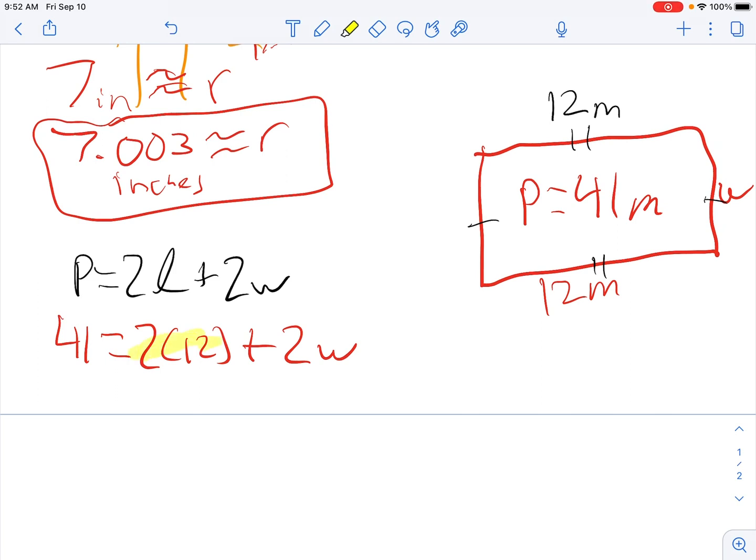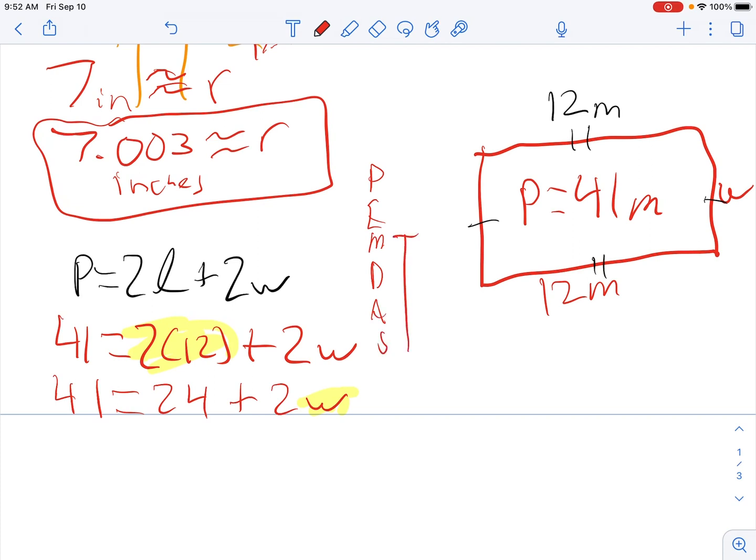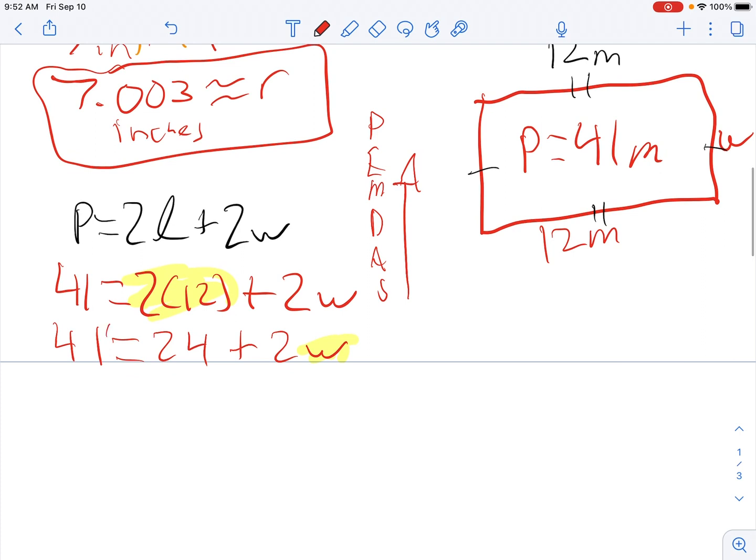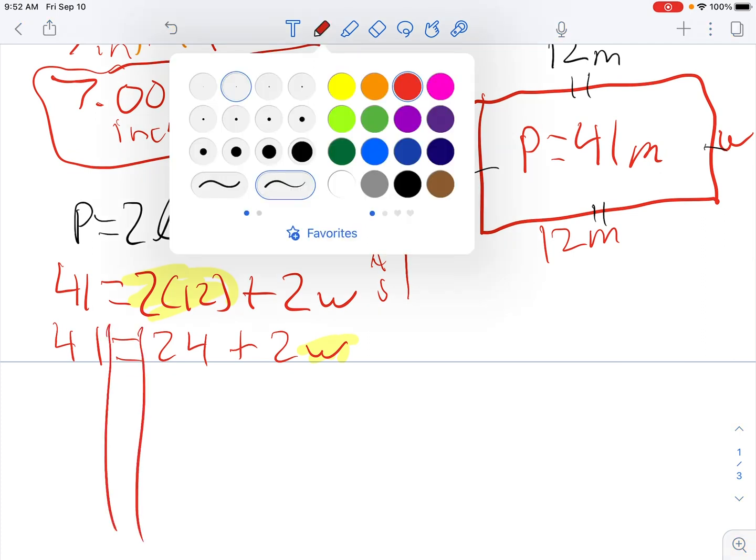First thing I'm going to do is multiply this right here. 2 times 12 is simply 24. And now again, I need to get W by itself, so I'm going to work PEMDAS backwards. I'm going to work it in reverse order because that's how we undo equations.